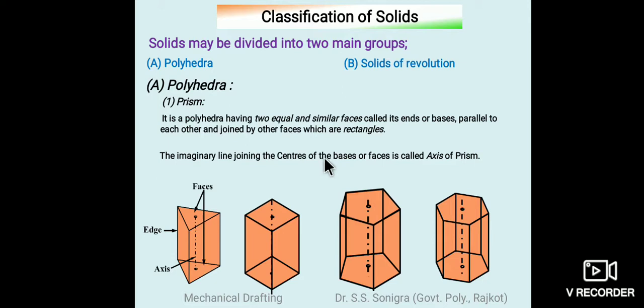The imaginary line joining the centers of the upper regular shape and the lower regular shape is called the axis of this prism. This is a triangular prism, this is a triangular face, this corner is an edge, 1 2 3, and this is the axis of this solid, and these are the faces. This rectangular face, this is a square prism, this is a pentagonal prism, and this is a hexagonal prism.